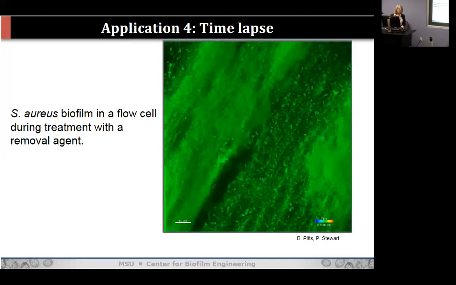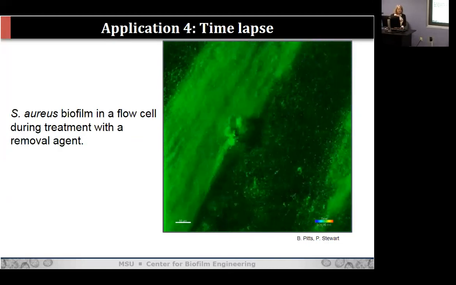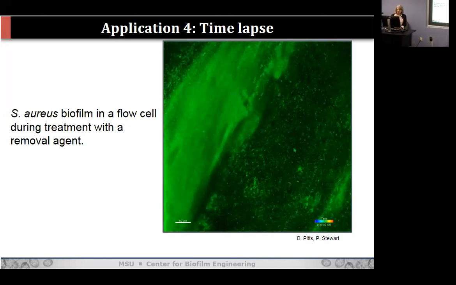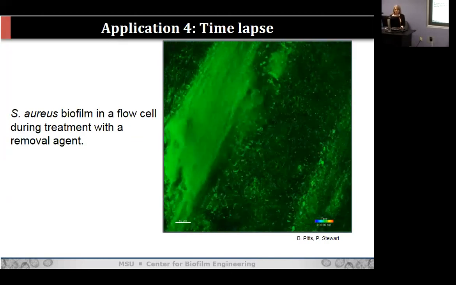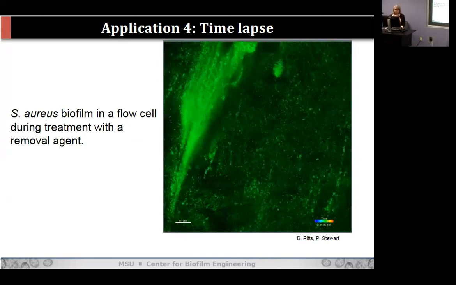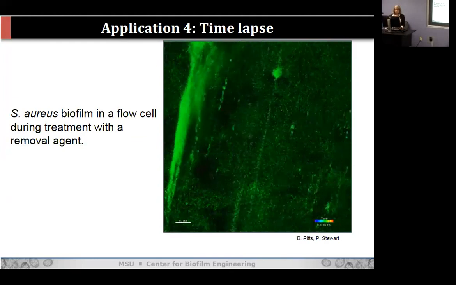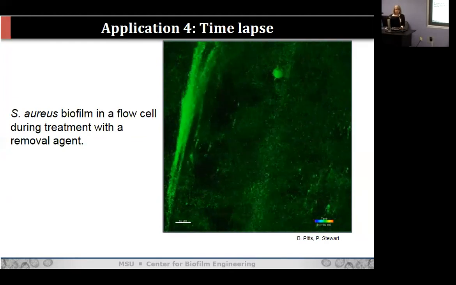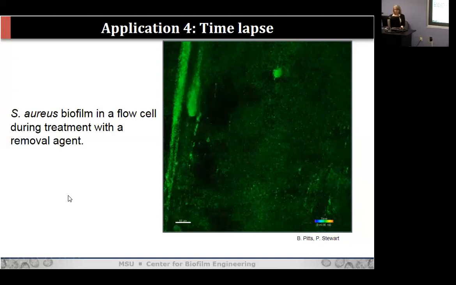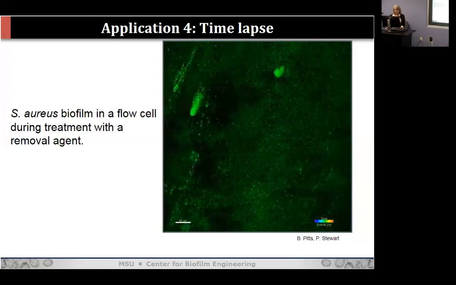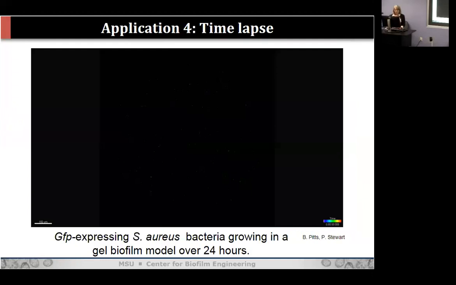We can often go in later and scrape a surface and do plate counts, but watching it happen on the confocal is pretty powerful. Here's one more.